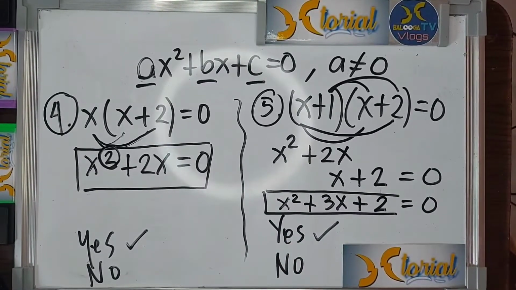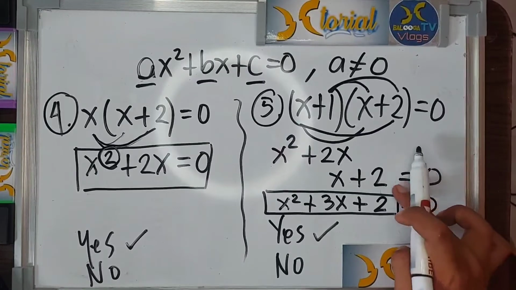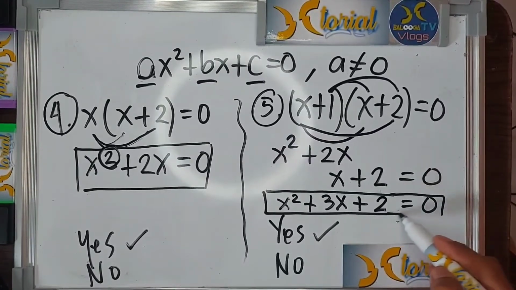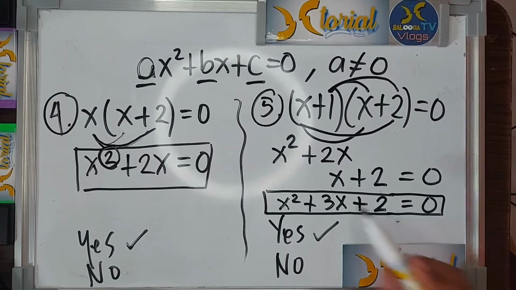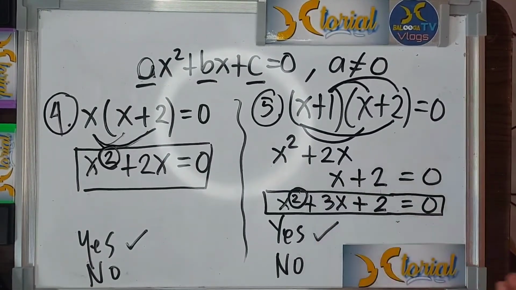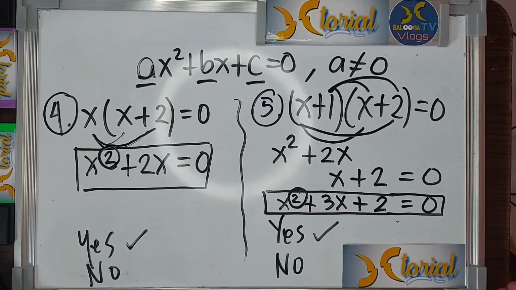So the final answer is x squared plus 3x plus 2 equals 0. So it is a quadratic equation kasi nga the highest exponent is 2. So wag po tayong maloko lang, no? Okay po, wag po tayong maguguluhan.